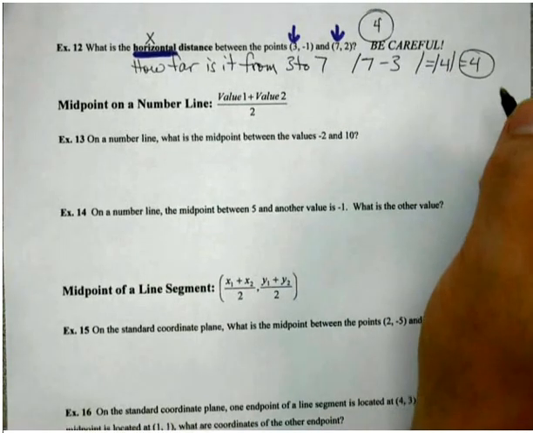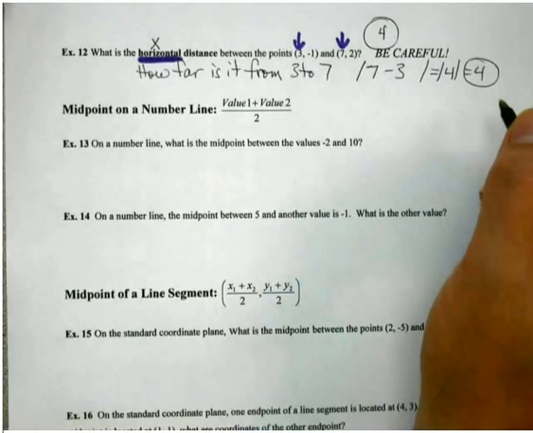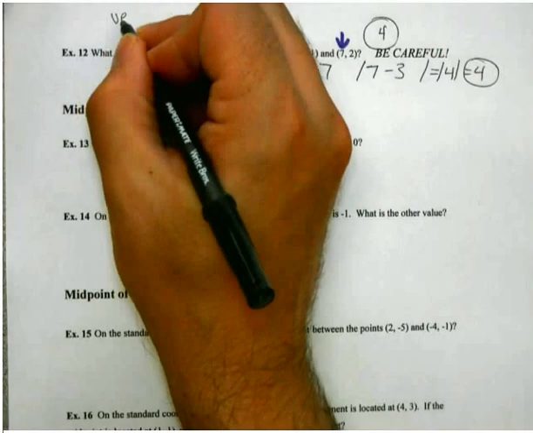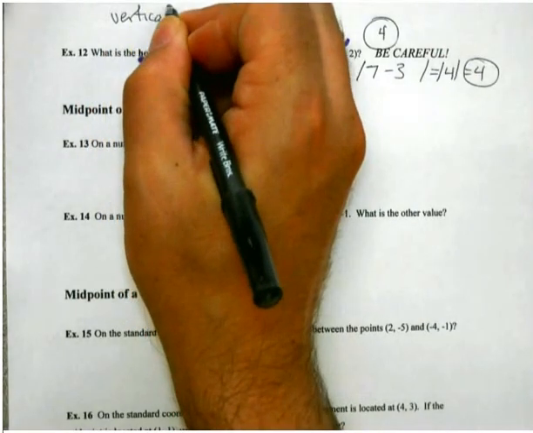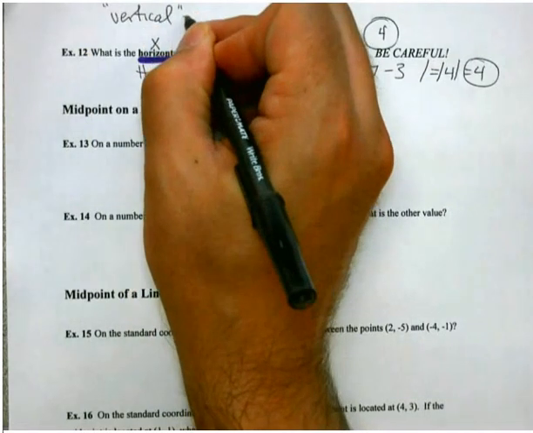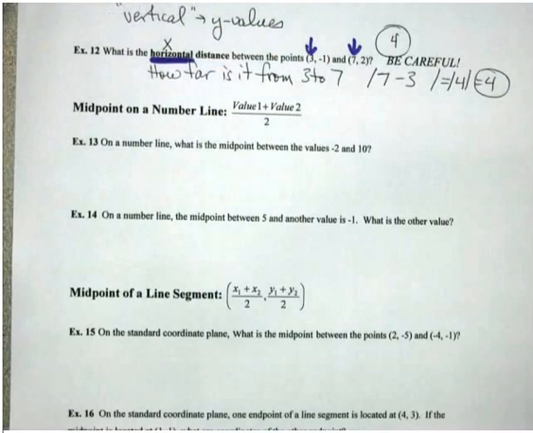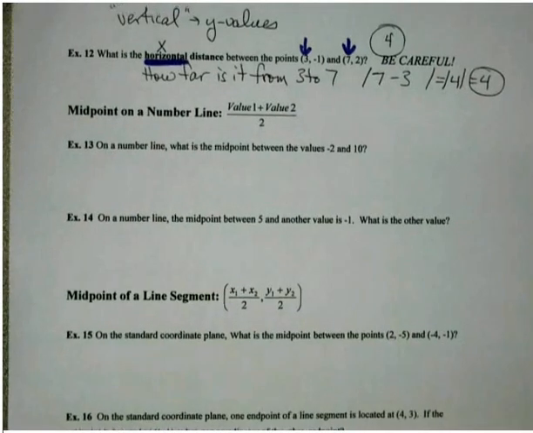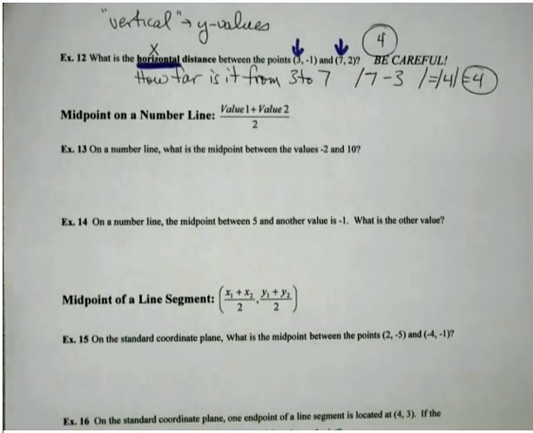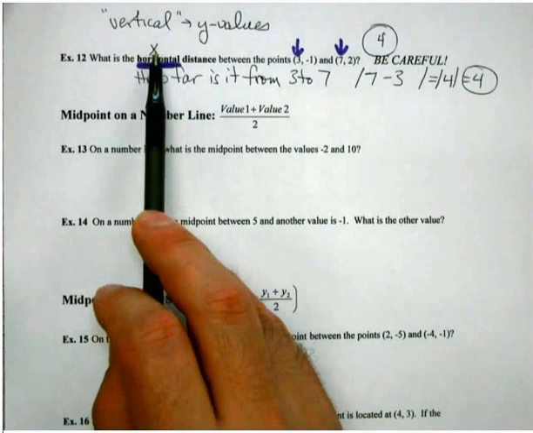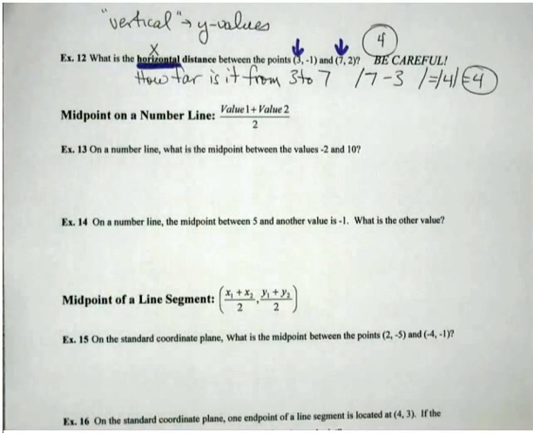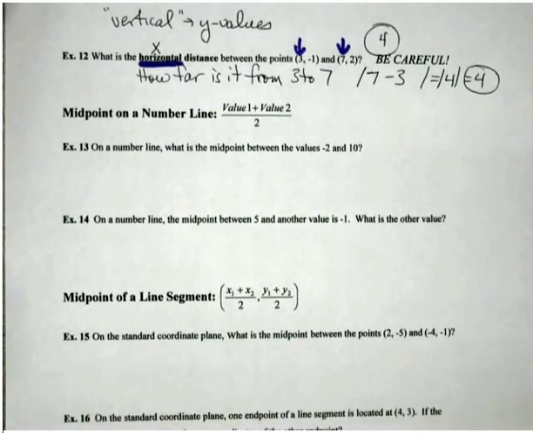One word of advice just for future reference. If the word vertical gets used in here, you're only going to use the y values, so you have to read carefully. Make sure it doesn't say distance; if it's distance, we use the Pythagorean theorem formula. If it says horizontal, just the x's. Vertical, just the y's. Okay, last topic here, midpoint.